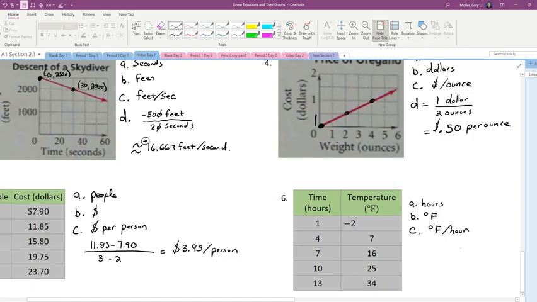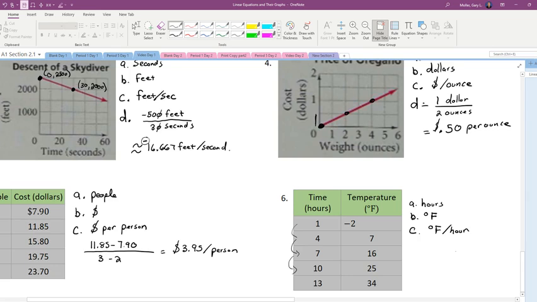So I don't know what this scenario is, but as time goes by, looks like my temperature is either going up or down. In this case, it looks like it's going up. I want you to notice that in this case, we're not going up by a single hour here. So we just got to be very careful we don't make those assumptions.